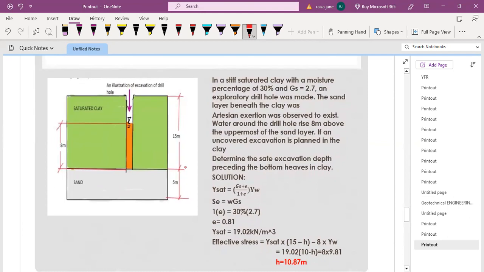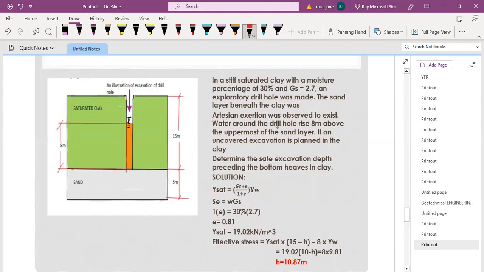Today's problem. In a stiff saturated clay, it has a moisture content of 30% and a specific gravity of 2.7. An exploratory drill hole was made. This is an illustration of the excavation drill hole. Next, the sand layer beneath the clay had artesian exertion.